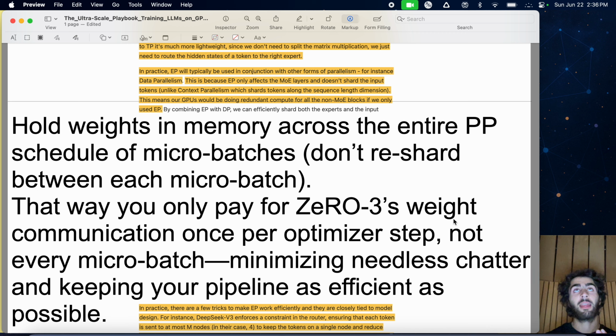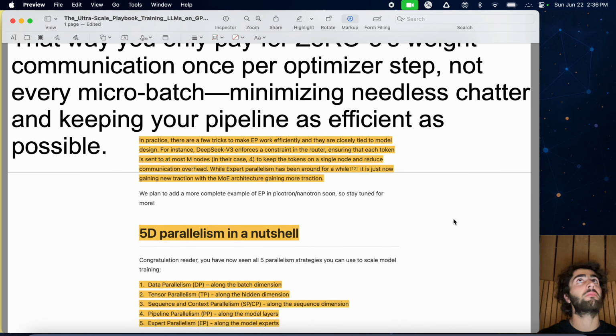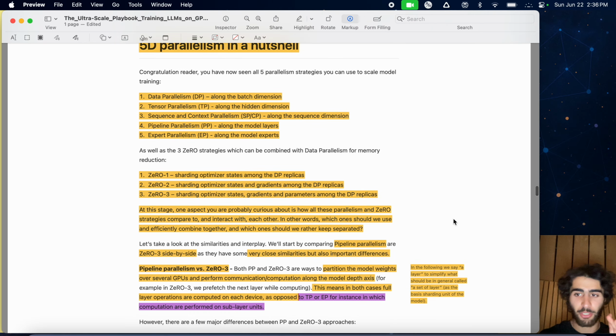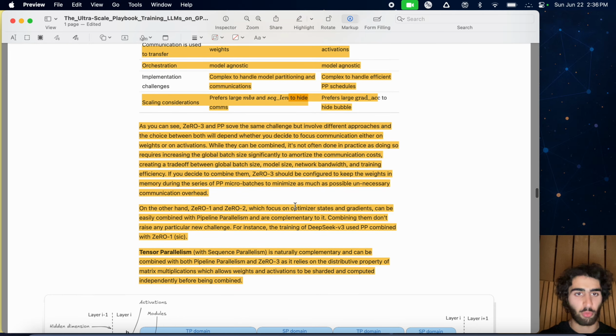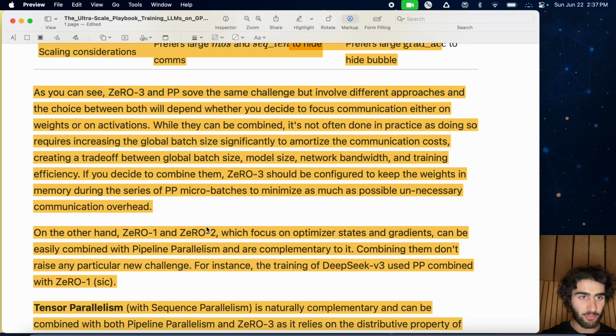This means that instead of sharding on each microbatch, we only shard on a specific pipeline schedule. And this is kind of sensible. If you had this much sharding within your pipeline, then you'd definitely have insane communication costs and it would not be worth it. So we left off here. I hope this makes this sentence more understandable.